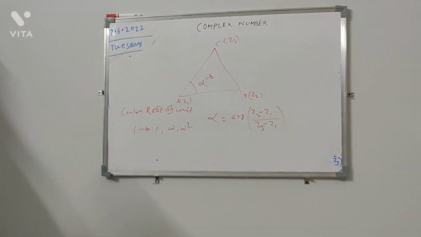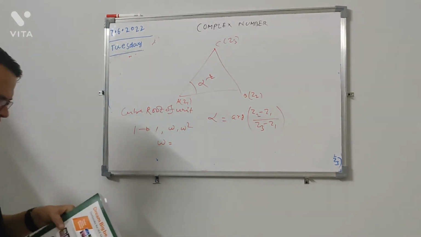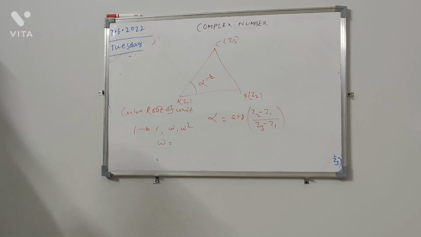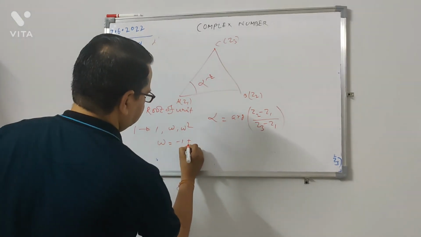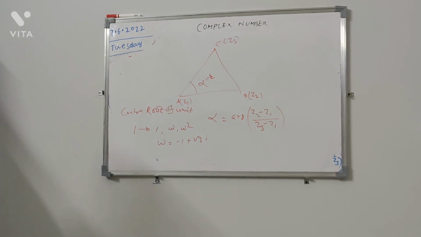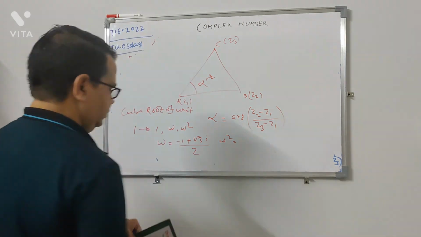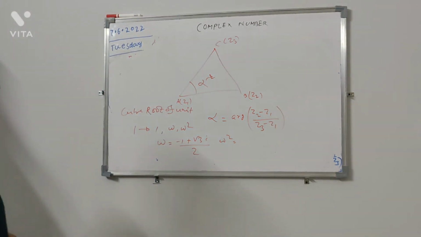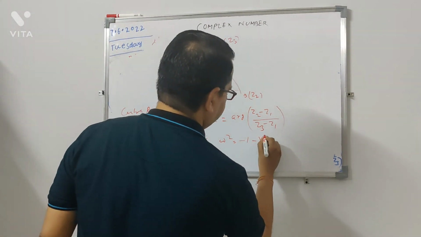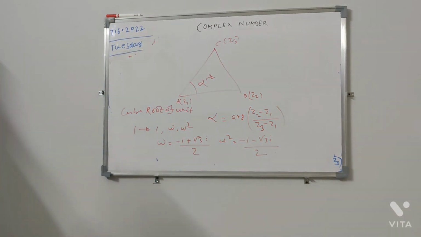So these are the three roots of unity. Omega is equal to minus 1 plus root 3i divided by 2, and omega square is equal to minus 1 minus root 3i by 2. These two things you have to remember.